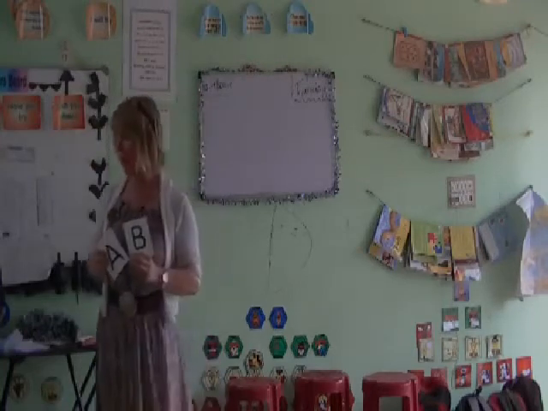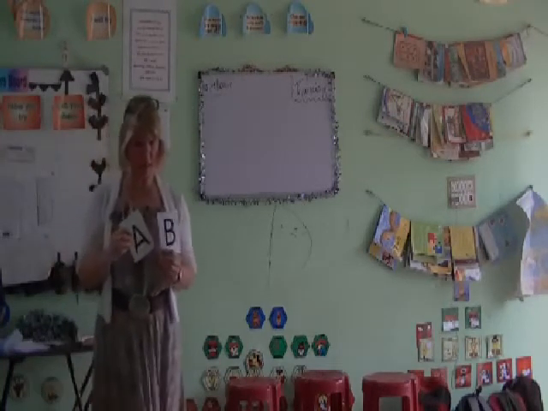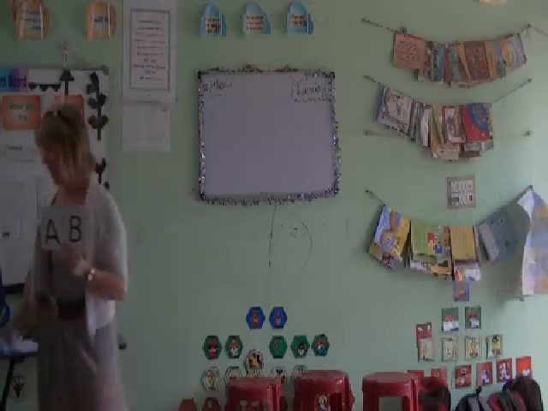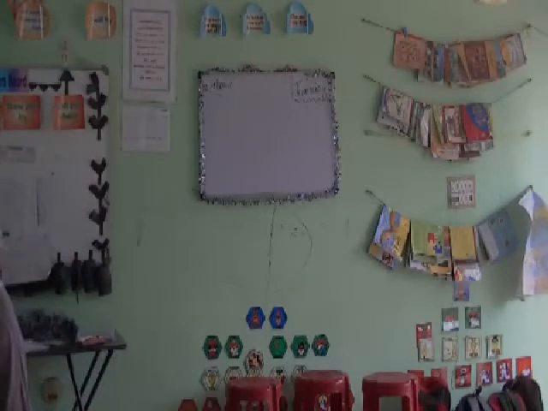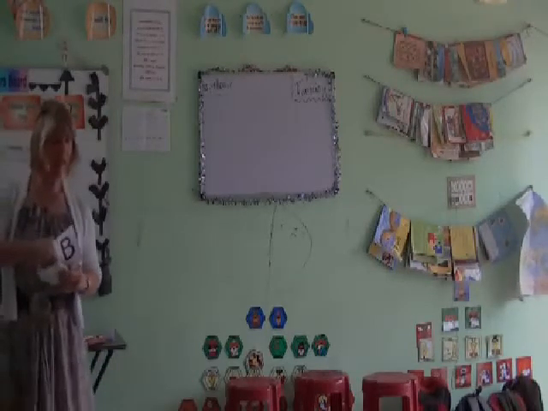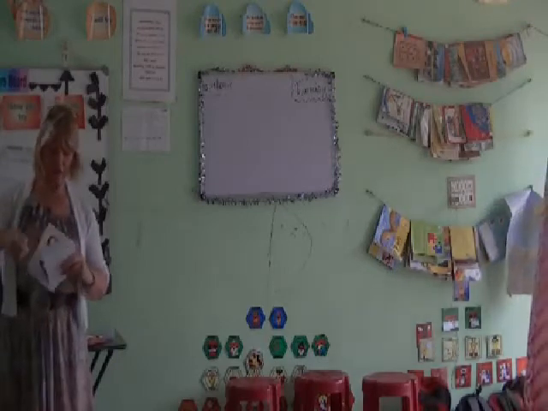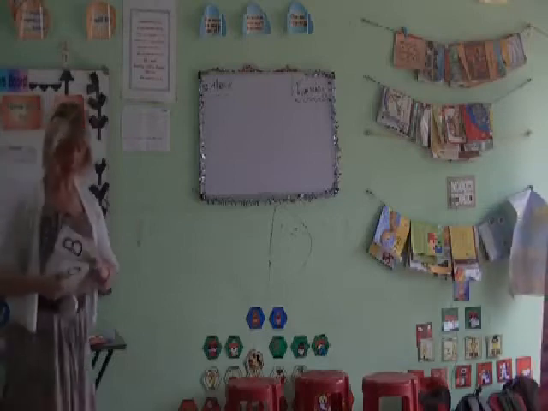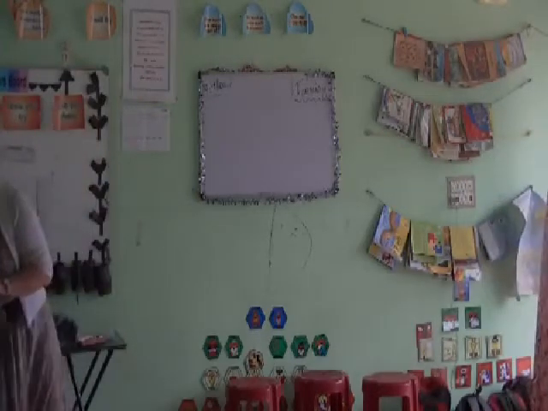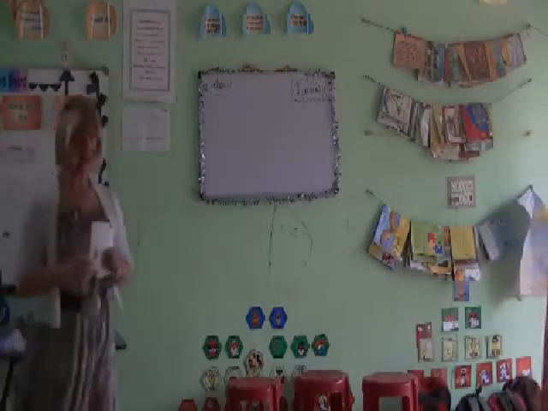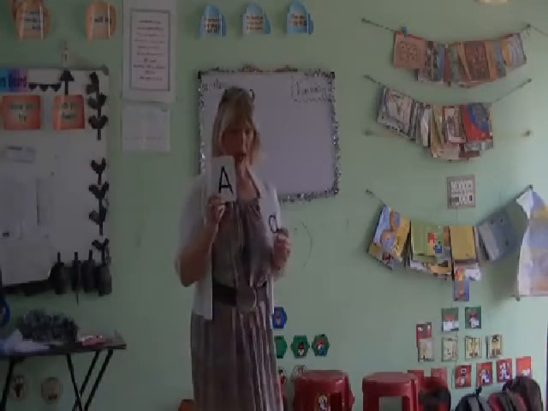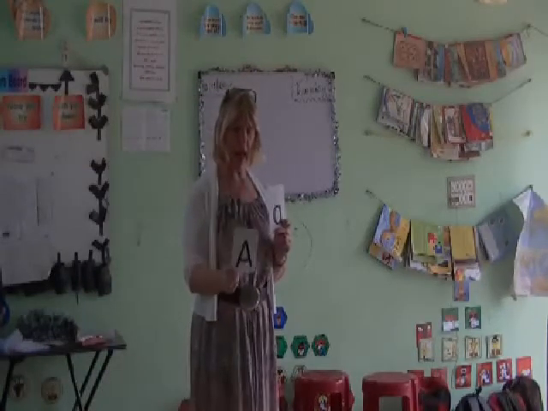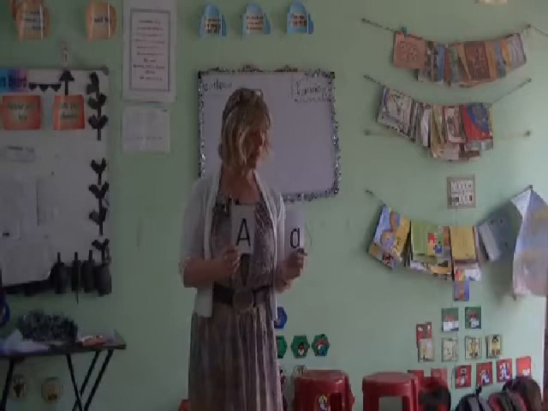So with the letters that we're learning, these are the big letters, and we also have little letters, smaller. So we've got a big A, and we've got a little a.